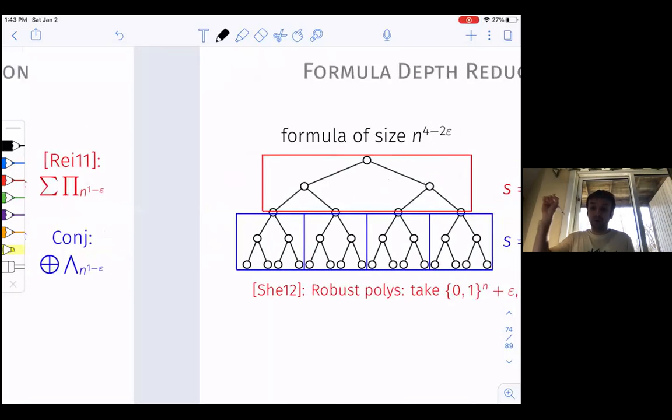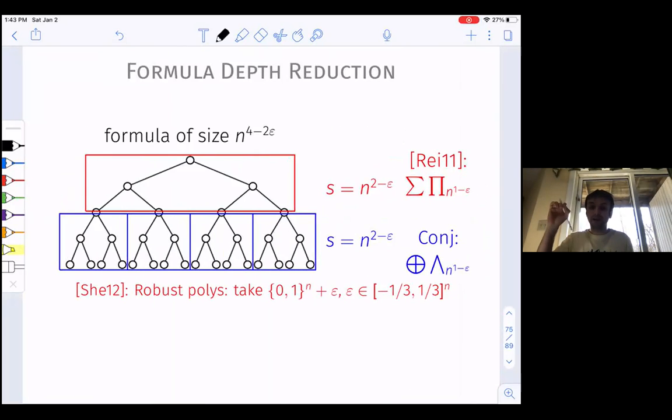Now I will hit the top real polynomial with a recent result of Sherstov, with robust polynomials. A robust polynomial says that if I have a real polynomial that takes inputs like zeros and ones, then I have another real polynomial of essentially the same degree that, even if the inputs are shifted by a little bit, by small constants, like every input is shifted by at most 1/3, computes the correct result, whatever the original real polynomial computed.